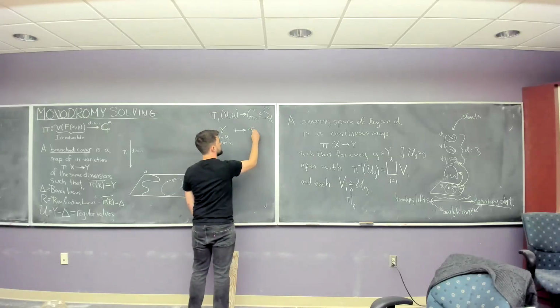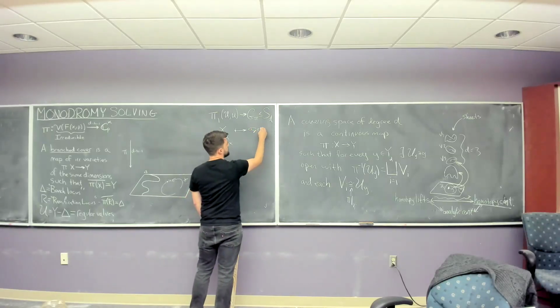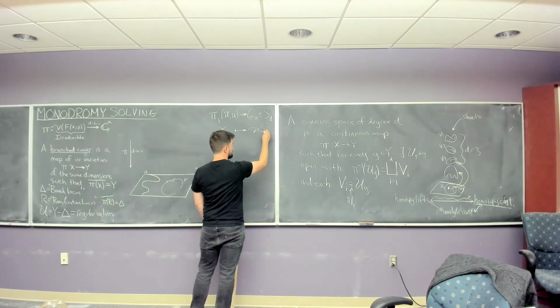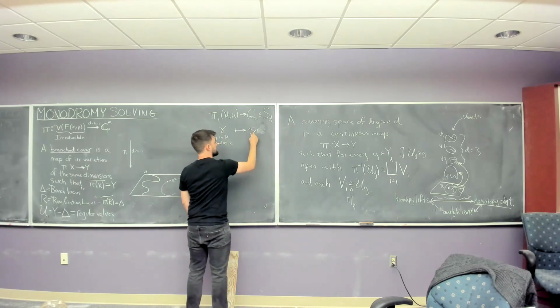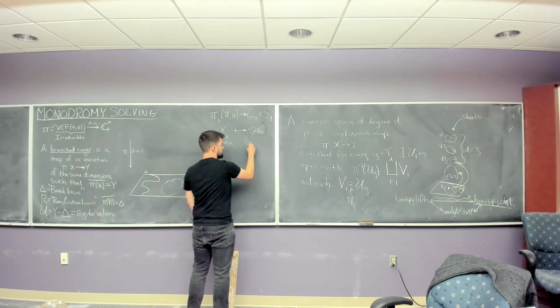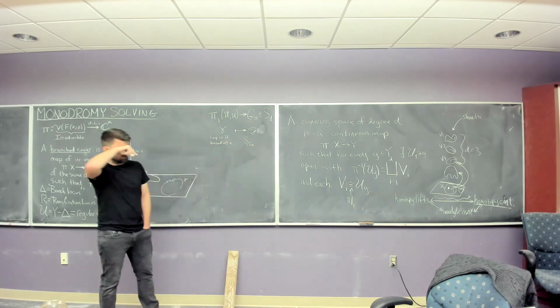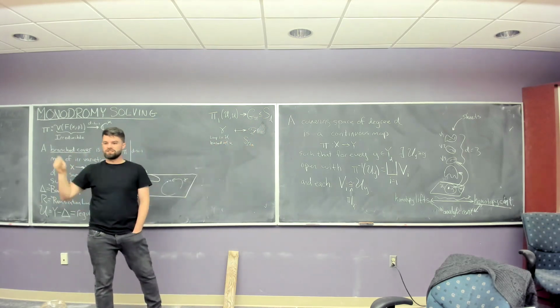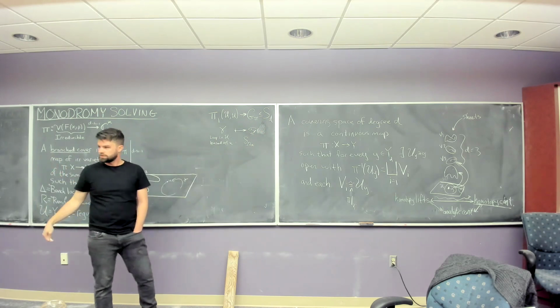So sigma gamma lives a priori in the symmetric group on the fiber, which we're calling big omega little u, because it's a little nicer than pi inverse of u all the time.